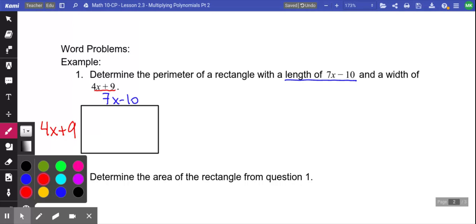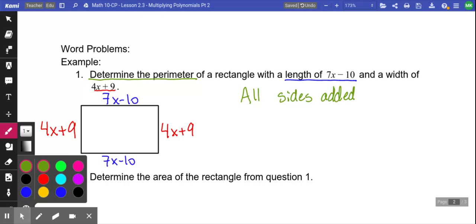Now, because these are a rectangle, that means I know the other sides match, right? So I can fill this whole thing in, like that. The first question says, determine the perimeter. Perimeter is all sides added. So if I wanted to add all my sides, I just have to write that out in one big sequence.